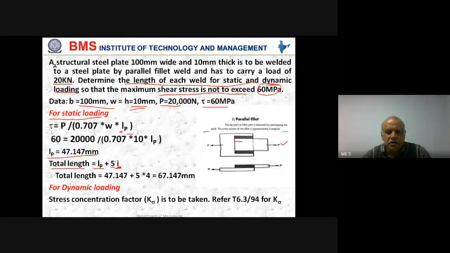Here, in the case of parallel fillet weld, we have 4 free ends. So multiply 5 mm into 4 and add to the length of parallel fillet weld, that will give you the total length of parallel fillet weld.